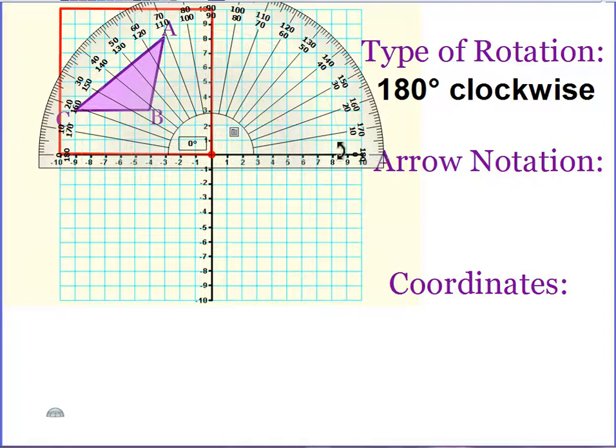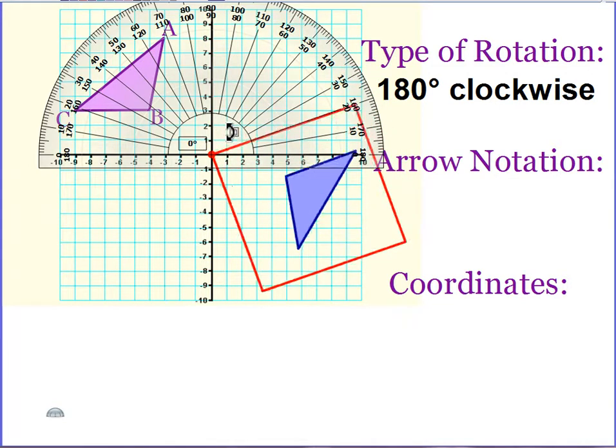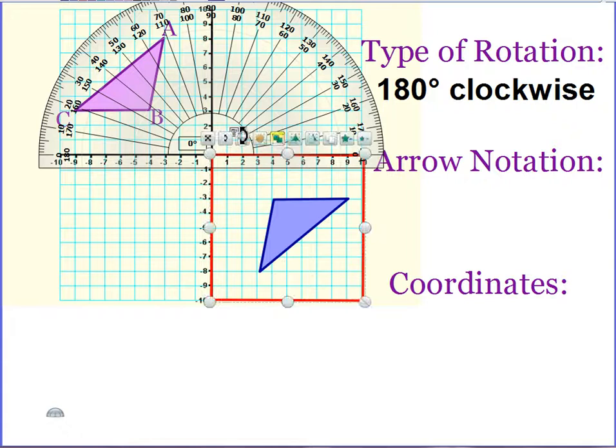That's going to be a 180° rotation. So let's see if we can make that happen. Now we're going to rotate our shape all the way around. Remember that one line had to come all the way to the other side of the graph. And there's our 180° clockwise rotation.